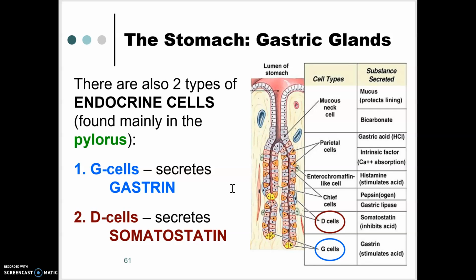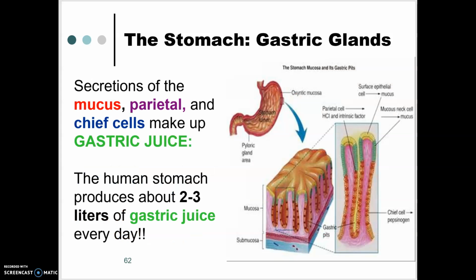These endocrine cells are mostly found in the gastric glands in the pylorus, which is the very lower part of the stomach just before we get into the small intestine. In this case, we'll be looking at G cells, which secrete a hormone called gastrin, and D cells, which secrete a hormone called somatostatin. We'll talk about these in a little bit, but let's get back to the exocrine cells.